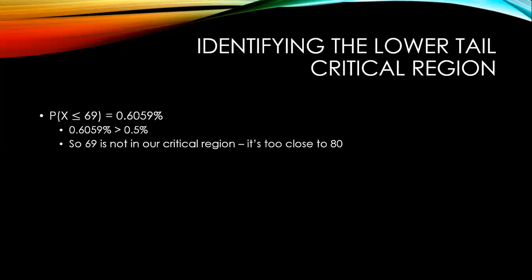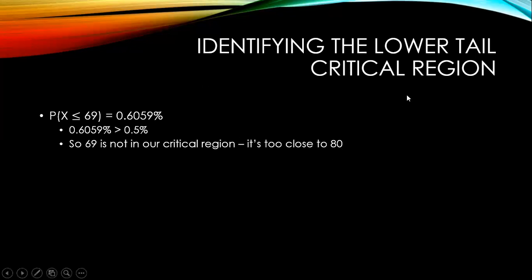So we're more likely to get 69 or fewer successes than 0.5%. So 69 is not in our critical region, because basically it's too close to 80.